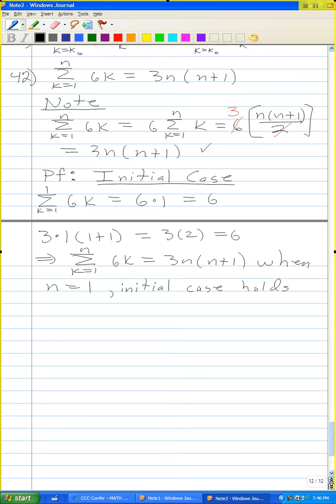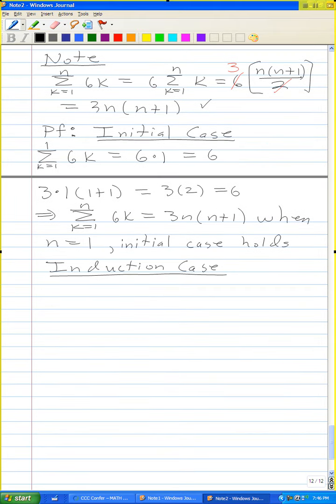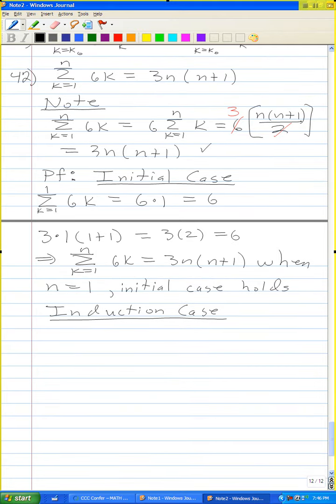Now I want to show that the induction case holds. So let's look at the induction case. The induction hypothesis is that this formula works. Oh, I guess let's not use k.